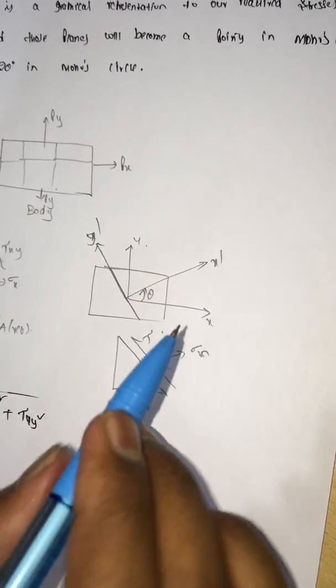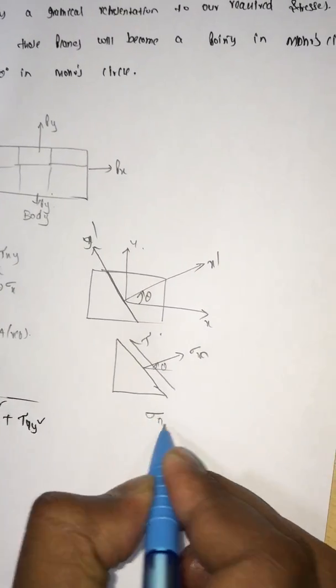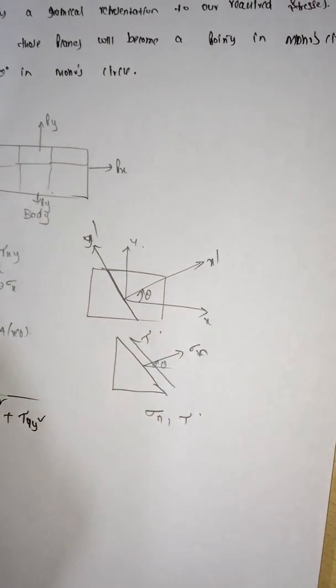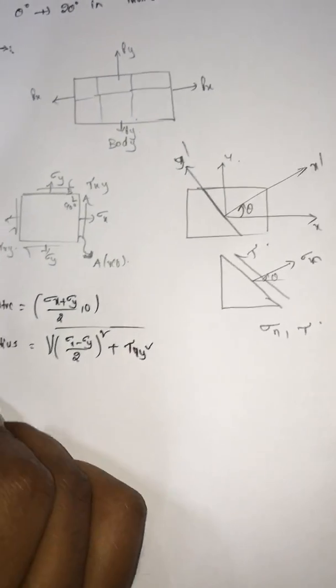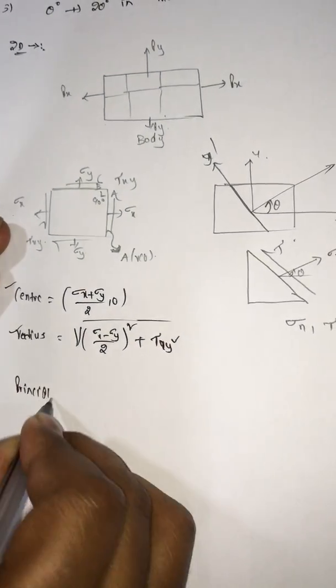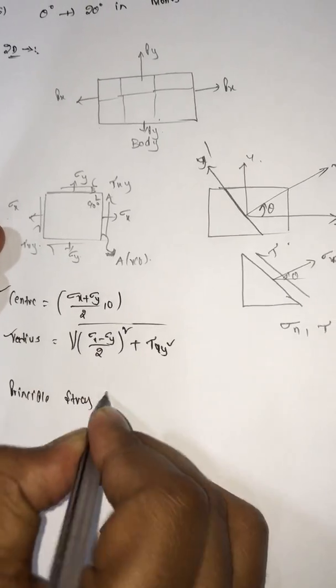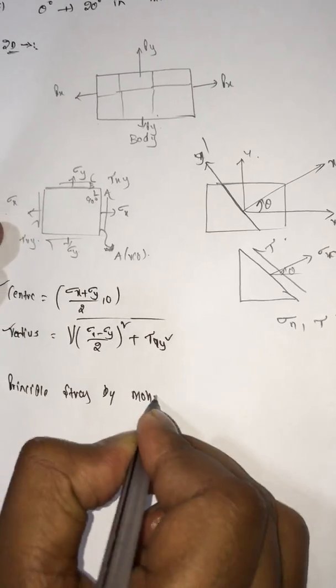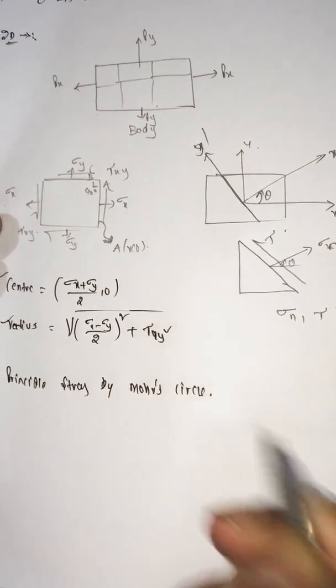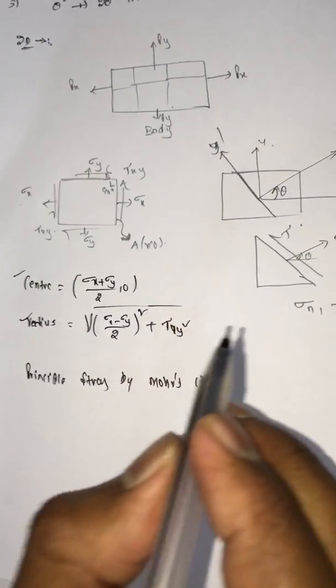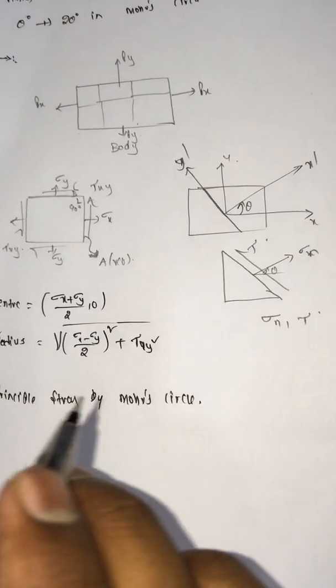Your main motto is to find this normal stress and shear, along with the principal stresses, graphically by Mohr circle. Now you can find the principal stresses by analytical method also.